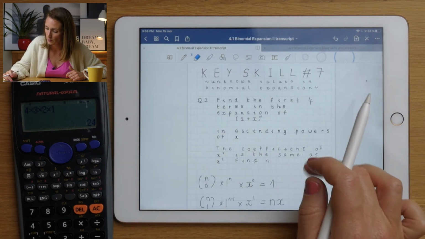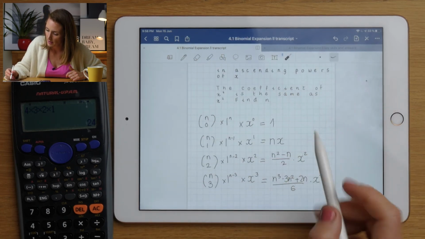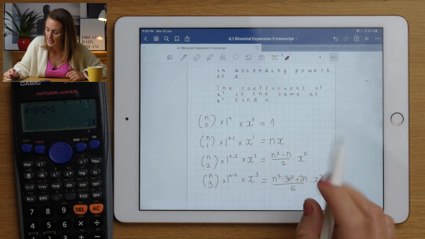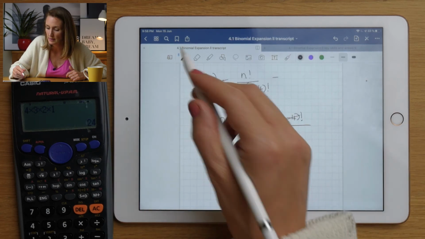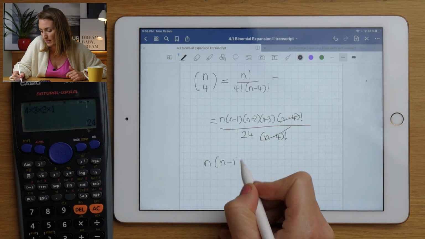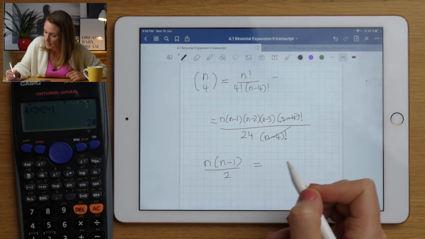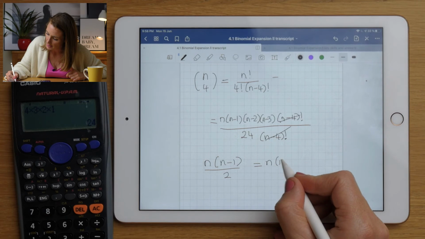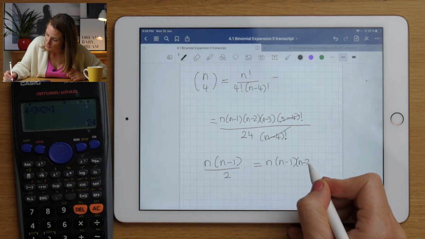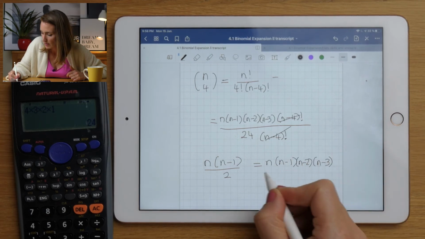So if we go back and we look, the coefficient of x squared was n times n minus 1, it's easier to use it in the form before we multiplied out the brackets, divided by 2. And this one is going to be n, n minus 1, n minus 2, n minus 3, divided by 24.